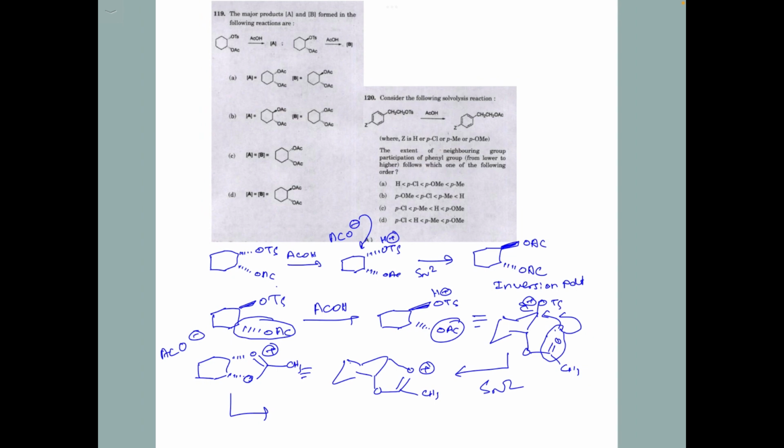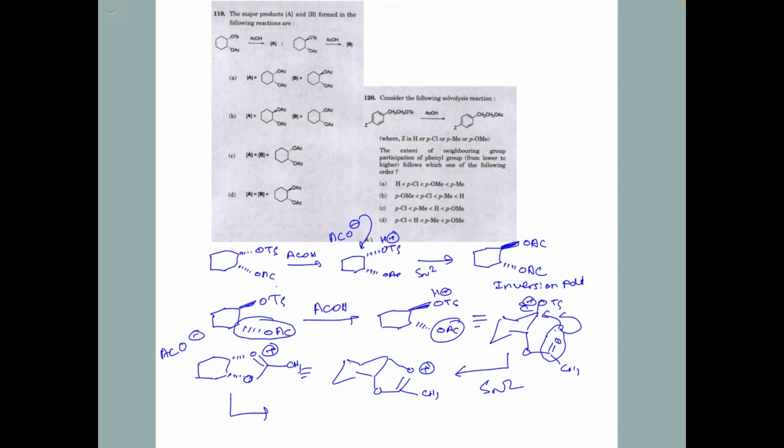Okay, now where will the nucleophile attack? The acetate nucleophile, these bonds both will be in the syn direction only, because you can see the OAc is opposite to the leaving group and the nucleophile will attack opposite to the leaving group, so we have the syn directions, which means this bond only.